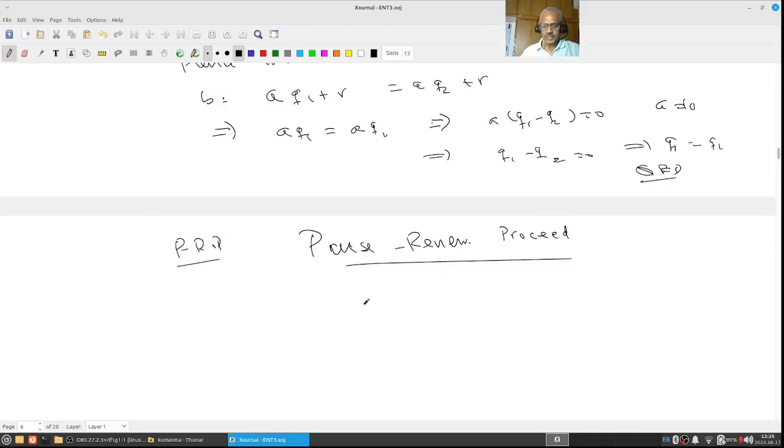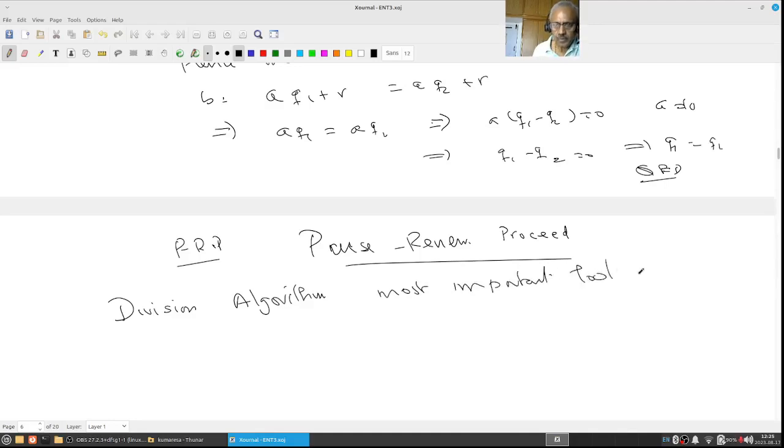Now let's look at some applications of the division algorithm. Remember that the division algorithm is the most important tool whenever we study multiplicative properties.